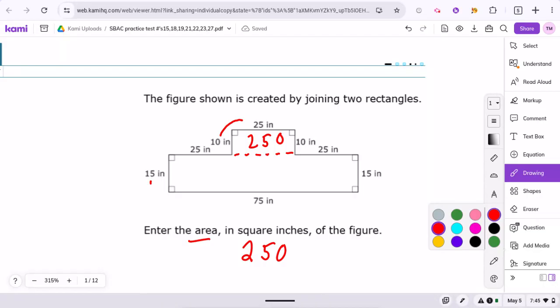And then I'd multiply 15 times 75 to get the bottom one. So that would be 15 times 75, 1,125. And then you would just add those two together. So it'd be 1,375 for the total.